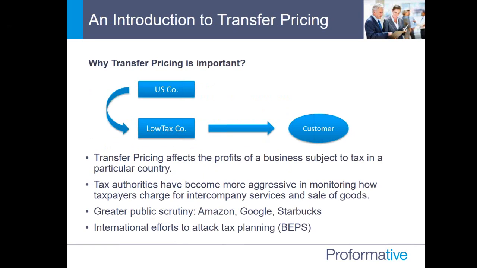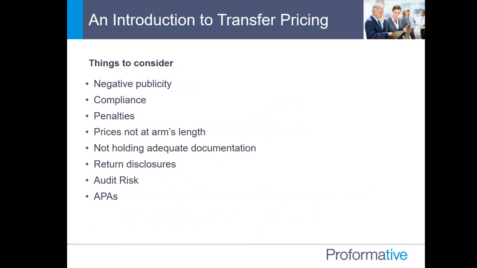The OECD, the Organization for Economic Cooperation and Development, have been working with governments to push forward the BEPS agenda, base erosion and profit shifting, which is very much a cross-jurisdictional approach to harmonizing tax systems and, as the name would suggest, ensuring that the tax base isn't being eroded in one country to the detriment of another.